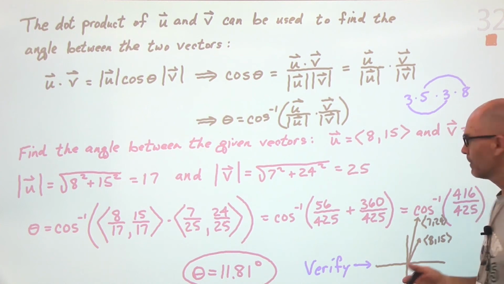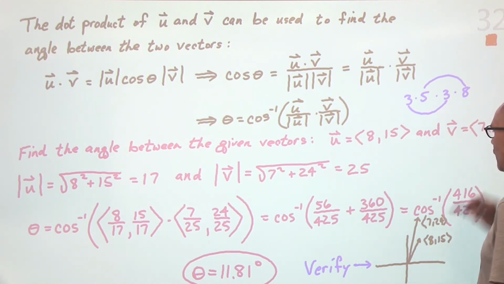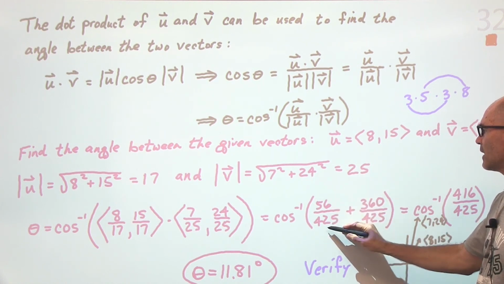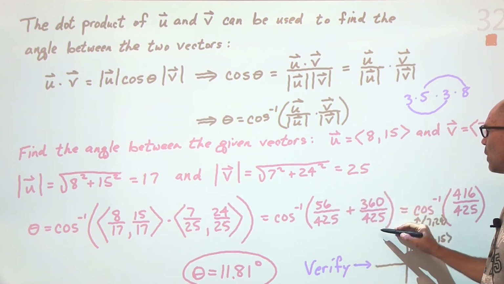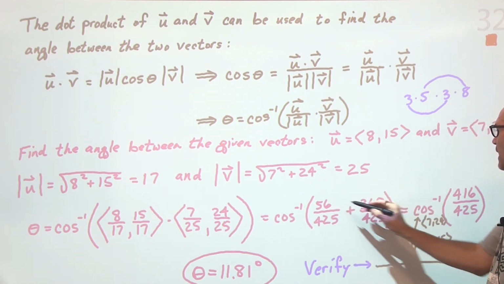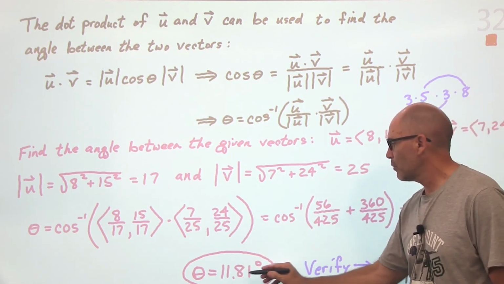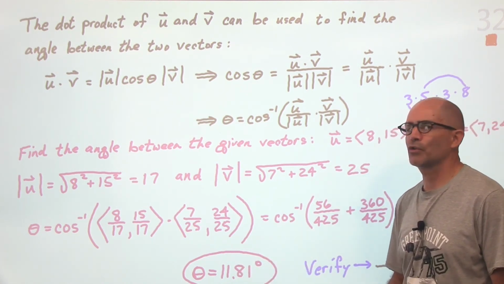Piece of cake. Okay, so we've got the product of the x's plus the product of the y's, and that's 56 plus 360, which is 416 over 425. Now we need the inverse cosine of 416 over 425, and that ends up being 11.81 degrees from your trusty calculator.